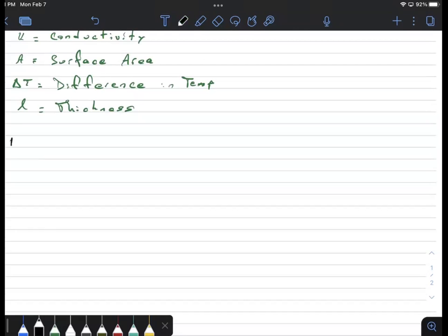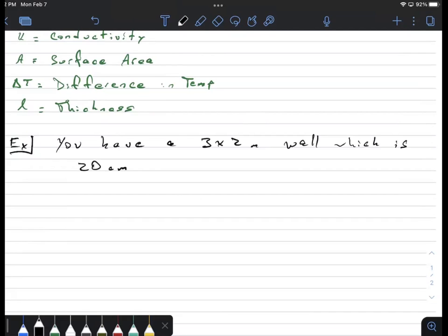Let's say what you have is two materials. You have a 3 by 2 meter wall, which is 20 centimeters thick.